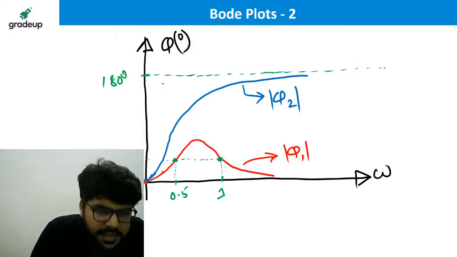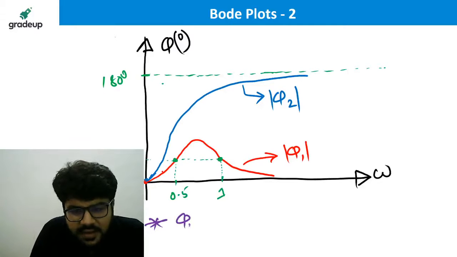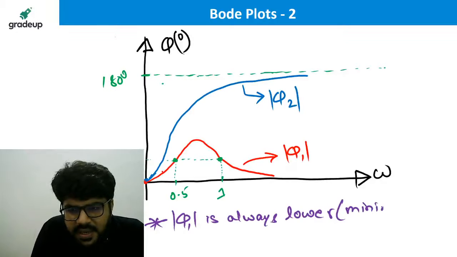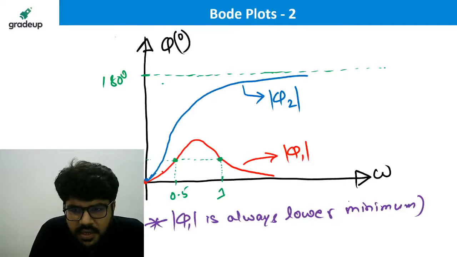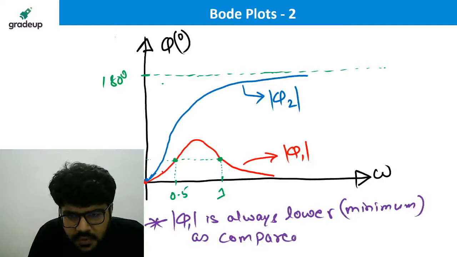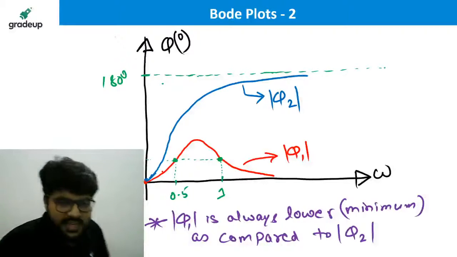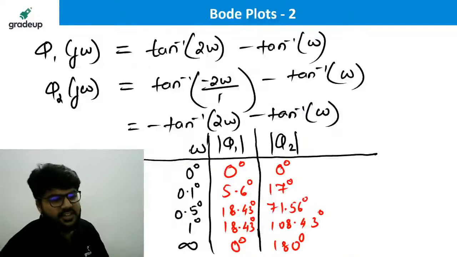That leads to a simple conclusion that mod phi 1 is always lower, or we can say minimum, as compared to mod phi 2. Guys, I am trying to compare the phase of two systems.